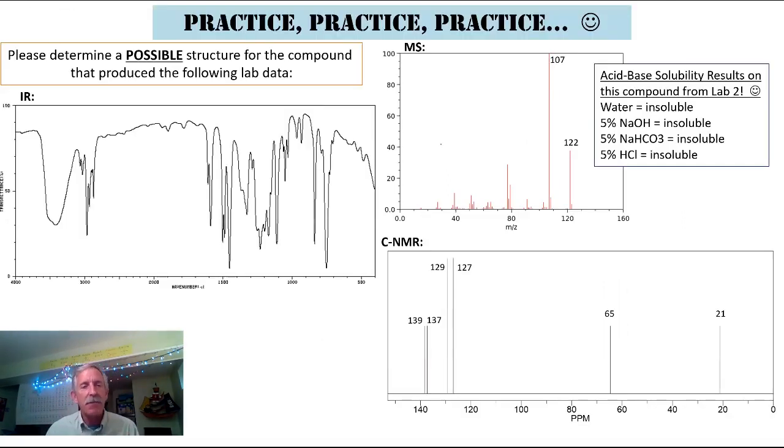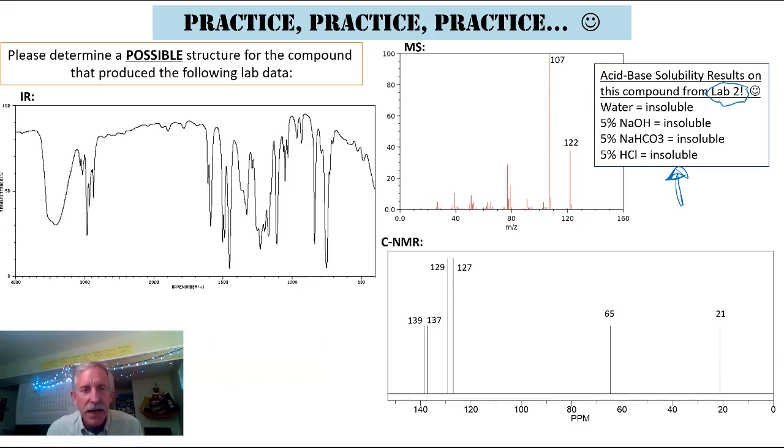Here's the other type of question you could be given, which is much more related to what we're going to do in lab tomorrow, is that lab 2 is going to be giving you all sorts of information like this about a specific unknown compound. And what I'd love for you to do is to use all of this data, including now some acid-base solubility data, that according to this unknown, it doesn't want to react in NaOH base, strong base. It doesn't want to react in a weak base.